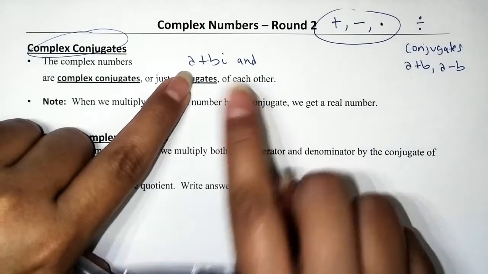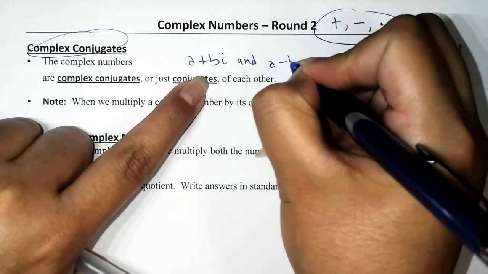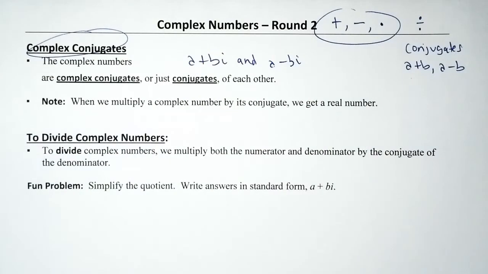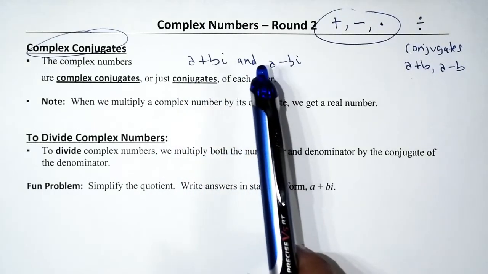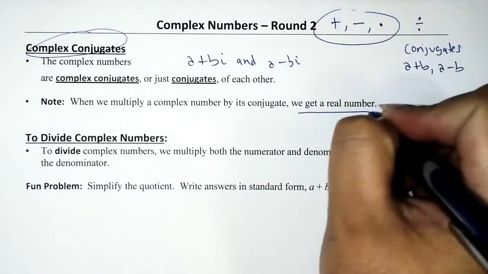So the conjugate of a plus bi is a minus bi, and vice versa. Now why is this important? The reason it's important is that when we take a complex number and multiply it by its conjugate, we're going to end up with a real number.